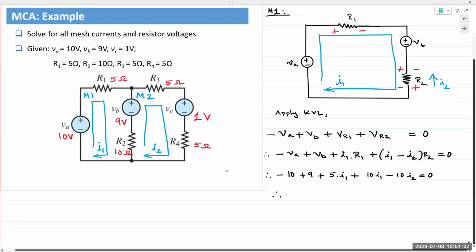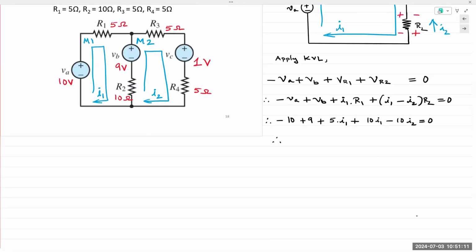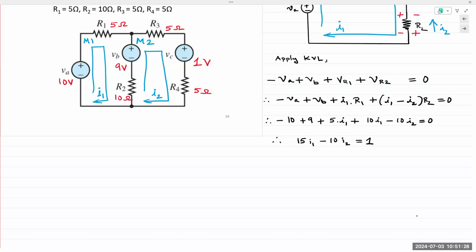You combine everything that is possible and reduce the equation to this form. So I have 15 times I1 minus 10 times I2 is equal to 1. See, 5I1 plus 10I1 gives me 15I1 minus 10I2, and minus 10 plus 9 is minus 1. Take it on the other side, and you obtain plus 1. All right, correct?